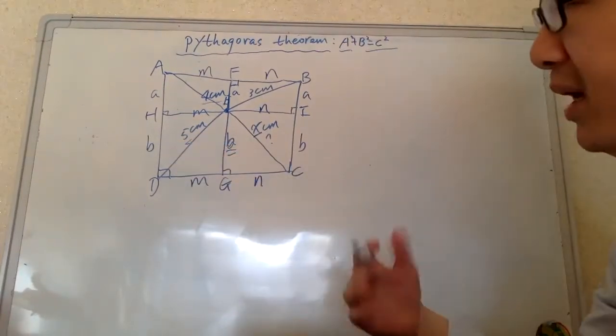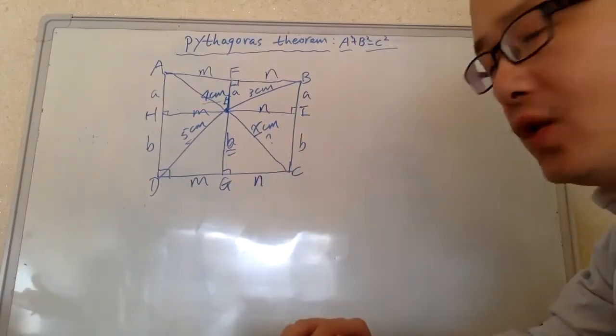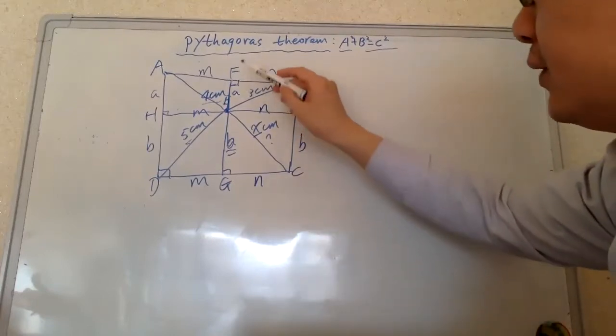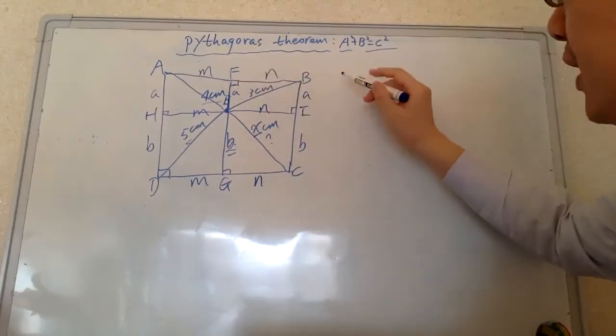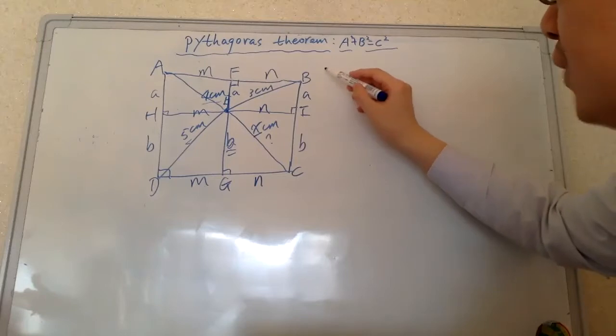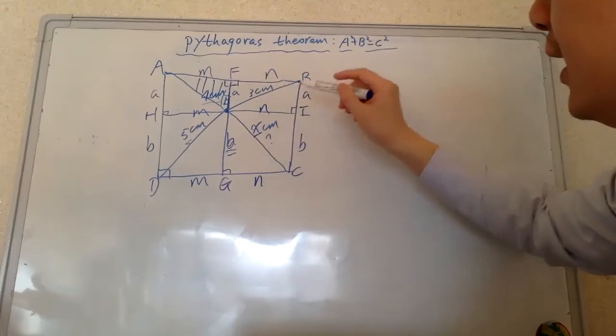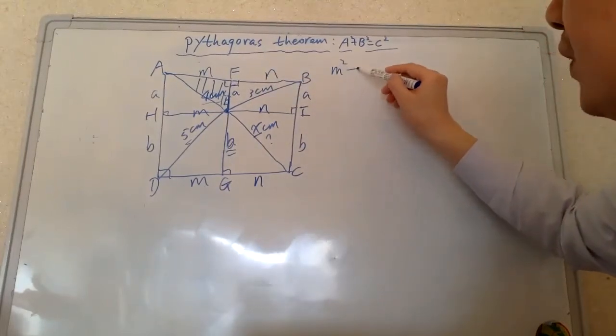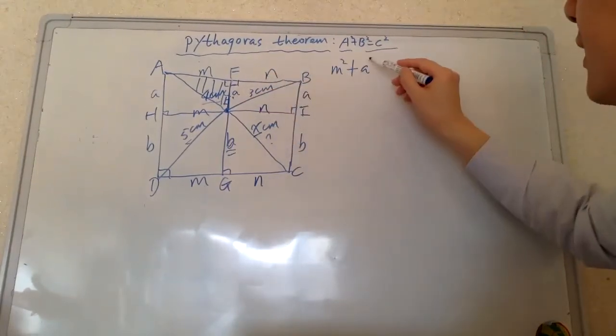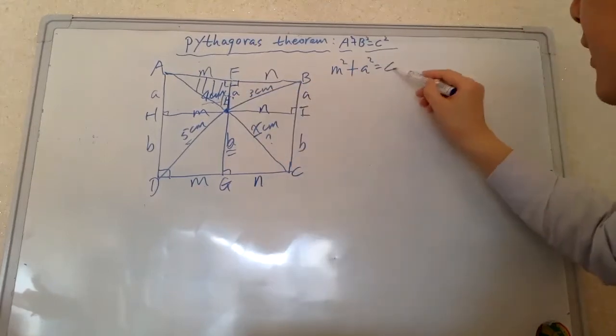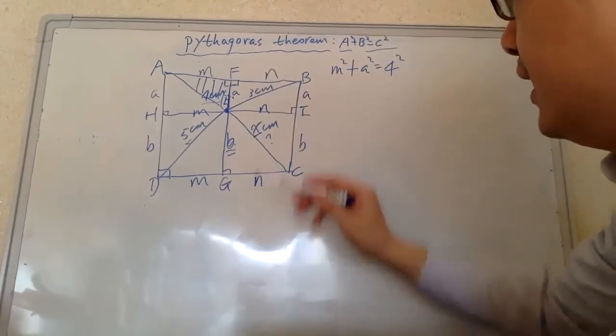Now we can make use of the small triangles to form the equations below. The first one: M squared plus A squared equals 4 squared.